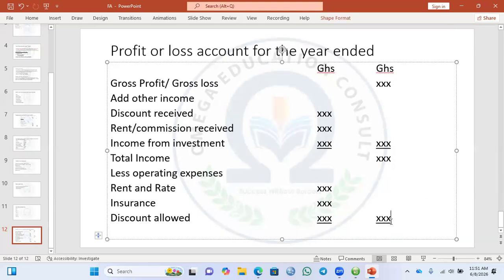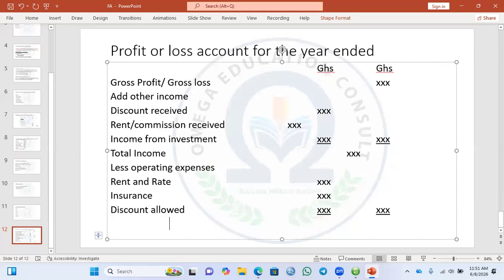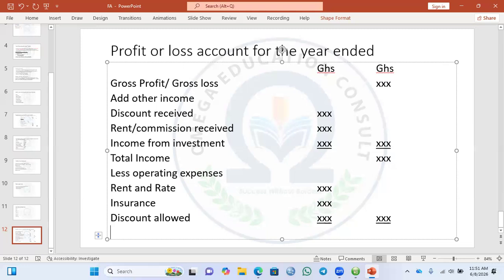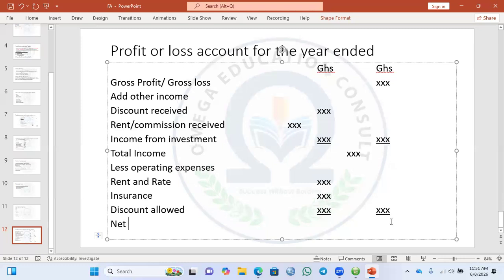Professors, learn this well, because in the university, and even in your practice, you would have to be preparing these final accounts. It is a net profit when the total income is greater than the operating expenses or total expenses.